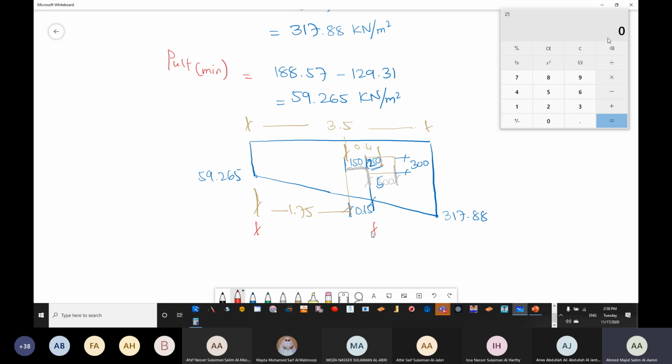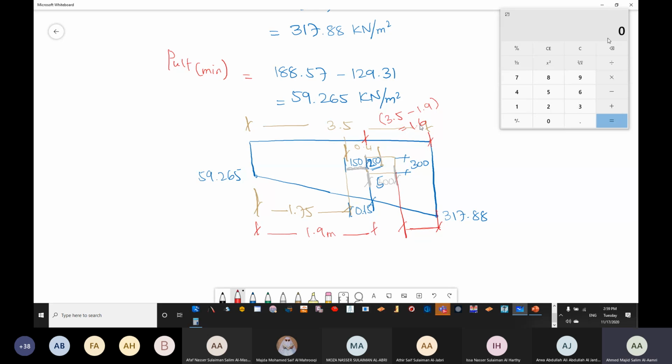The distance from here till the end of the foundation is going to be equal to 3.5 minus 1.9. That is going to give you around 1.6.